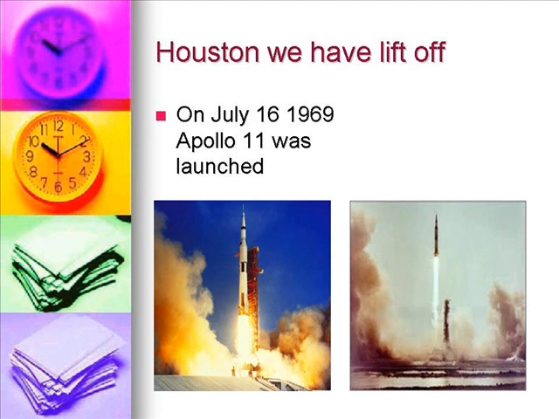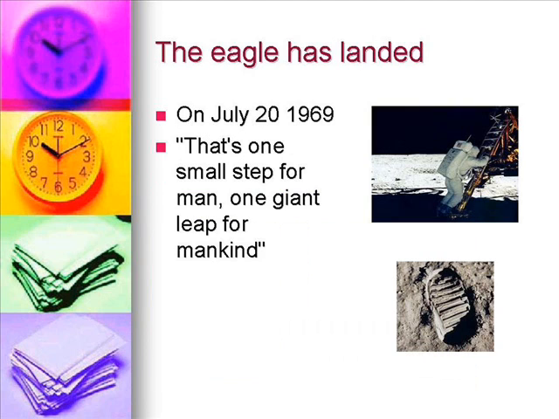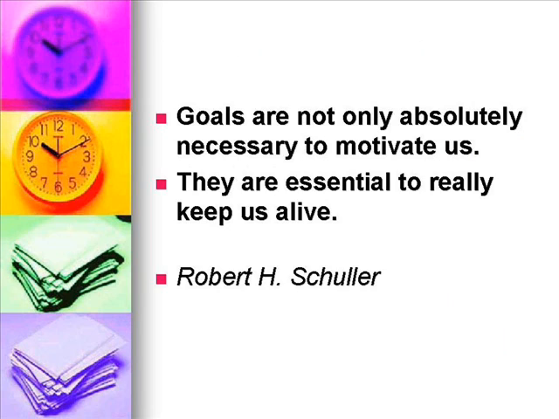Just 8 short years later, Kennedy achieved his goal within his timeline. Not only did he put a man in space, he also successfully landed Apollo 11 on the moon and brought them home again.